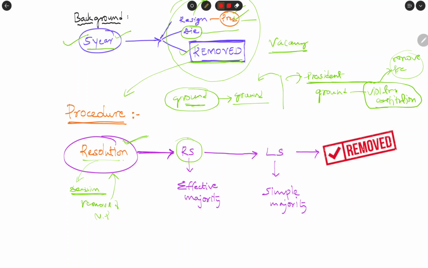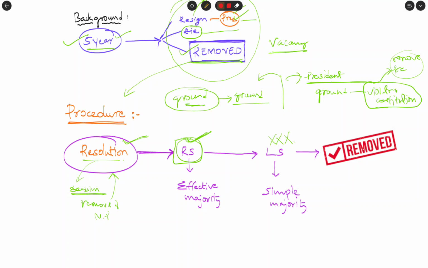That means the Rajya Sabha members need to initiate the resolution for the removal of a Vice President. Only the Rajya Sabha can initiate, not the Lok Sabha. Only Rajya Sabha members, that is MPs, can initiate the resolution of removal of a Vice President.